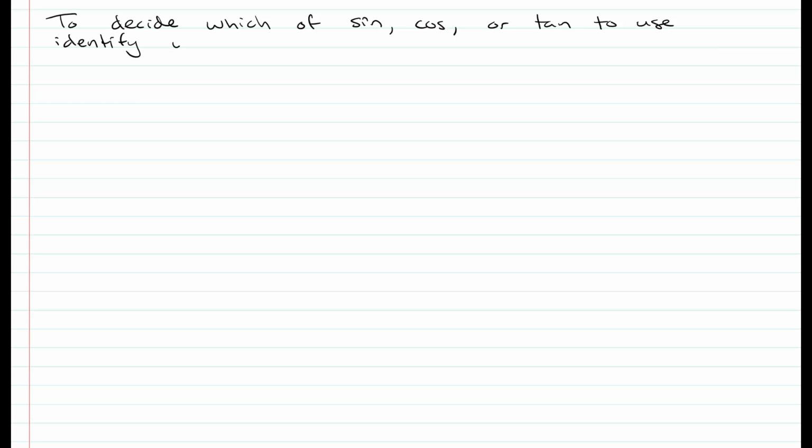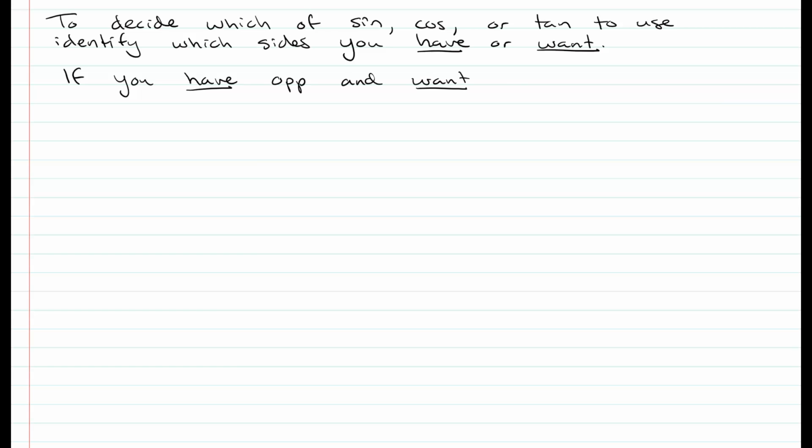So, to decide which of sine, cosine, or tangent to use, what you want to do is identify which sides are involved, which sides you have or want in the question. So if, for example, you have a number for the opposite and you want to find the adjacent, then you're going to use tangent.